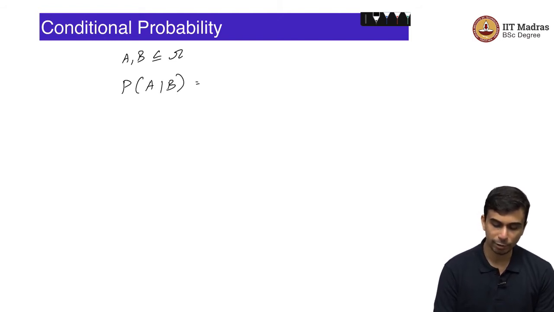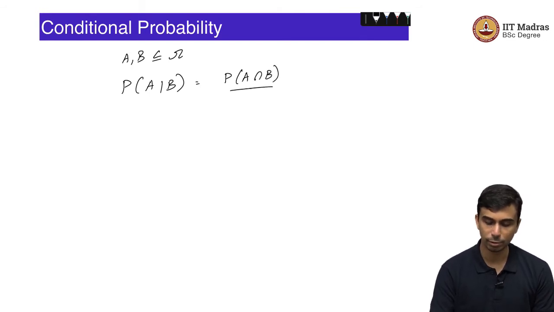The conditional probability of A given B is simply defined as probability of A intersection B divided by probability of B. This has a very intuitive meaning.